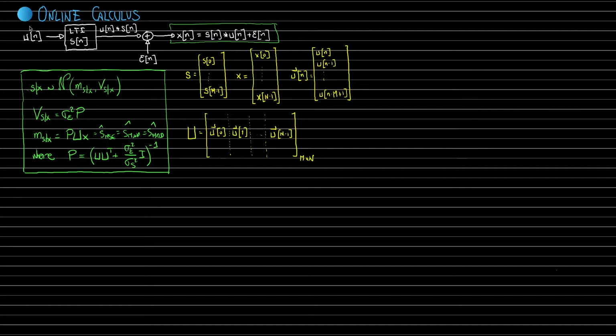We have assumed that a signal u of n is the input to a linear time invariant system S, whose coefficients we don't know, and the output is affected by noise, so we only observe x, which is the convolution of S and u, plus some noise.